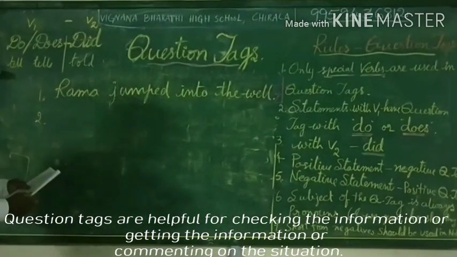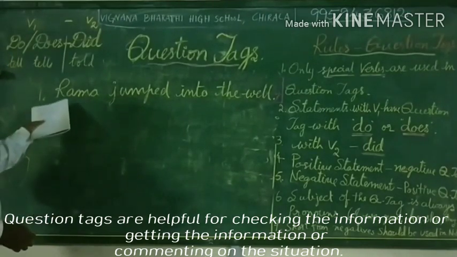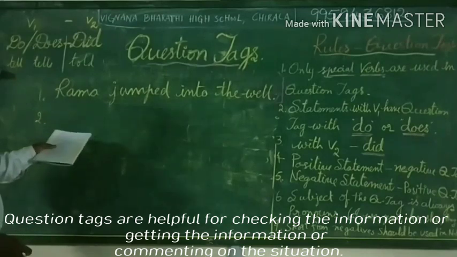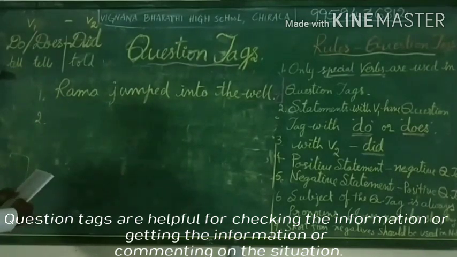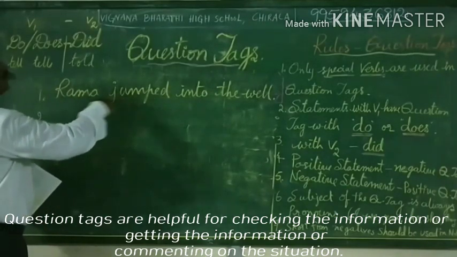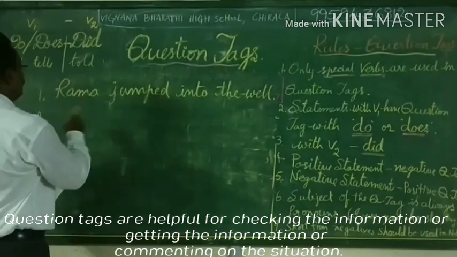First you should find whether it is positive or negative, and the subject, whether that is a boy or a girl or something, and the verb part, whether it is in the past tense or present tense. So accordingly, the information given in the sentence, you make some changes and write a question tag for the statement.